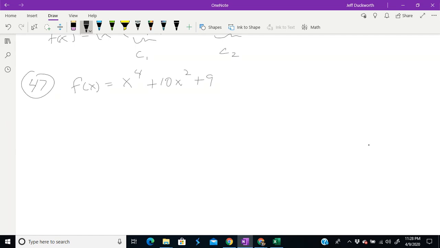So x squared times x squared gives you x to the fourth. And then the others are factors of 10 and 9. So we need two numbers that multiply to give you 9 and add up to give you 10. Well, that's just 9 and 1.